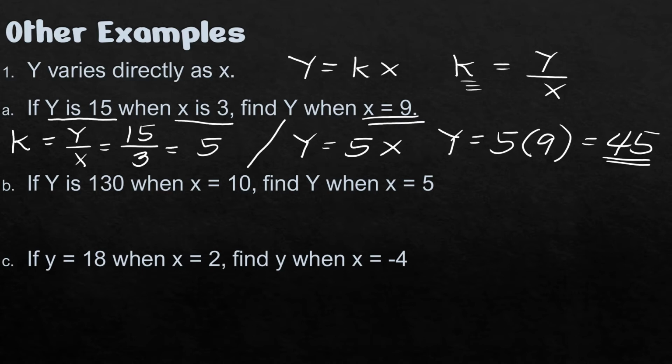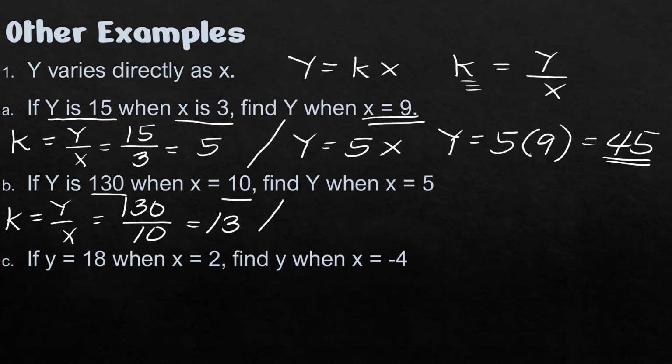Next, the same process. We need to find your k. So, that's y over x. Our y is 130 and our x is 10. So, 130 divided by 10, that is 13. So, we go again to our equation.